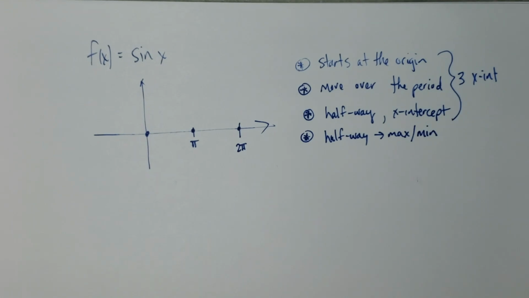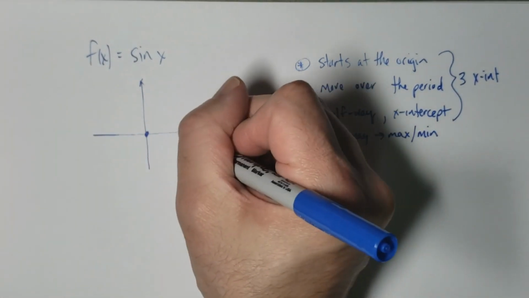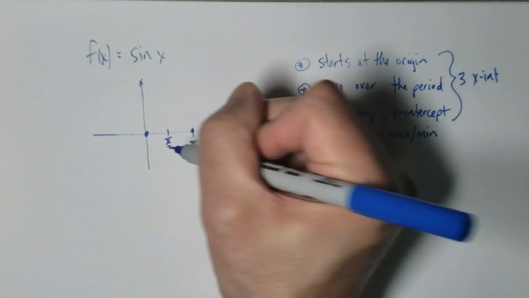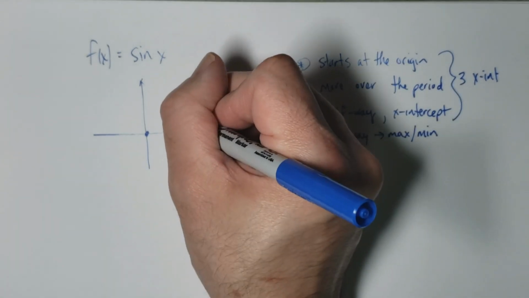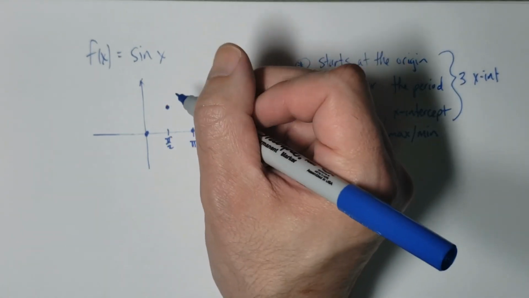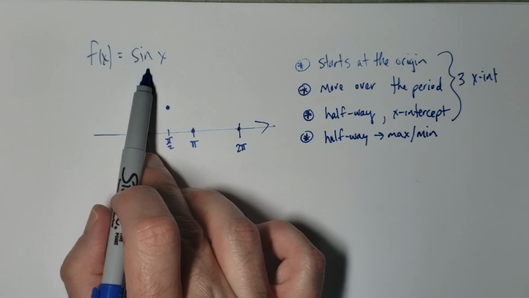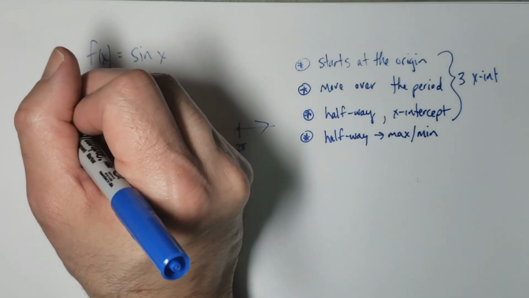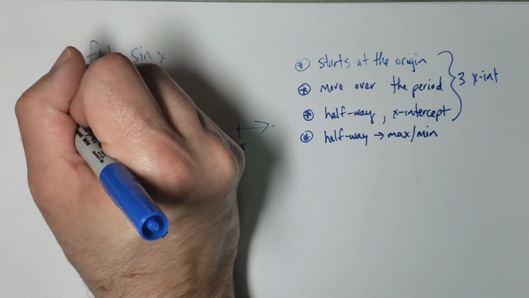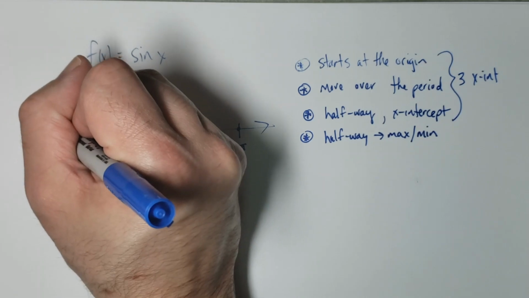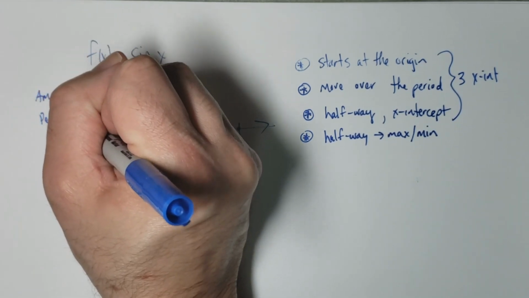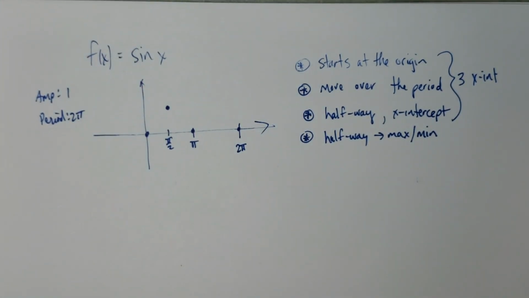And these are going to be your max and your min. So halfway between 0 and pi is half of pi. And I'm going to go up to my maximum. And with regular old sine, the amplitude is 1. So we can make a note of the amplitude being 1. I also wrote down that the period was 2 pi.